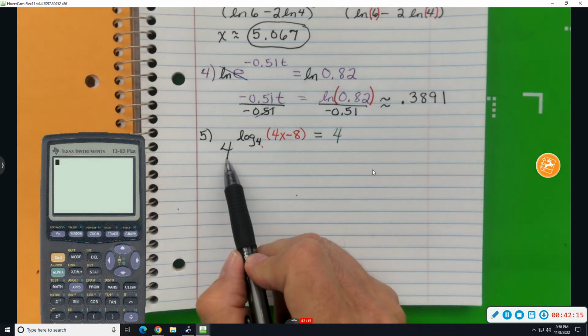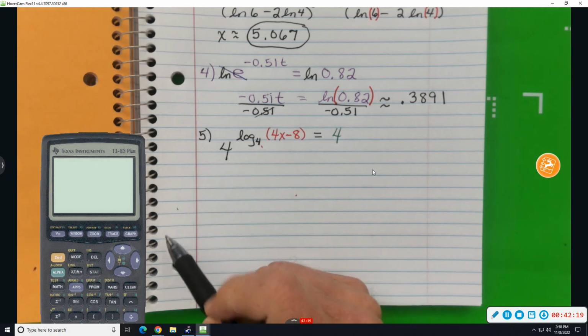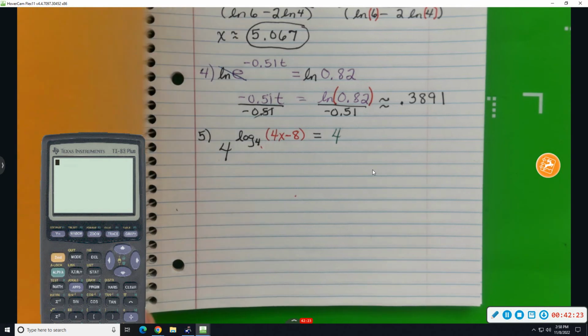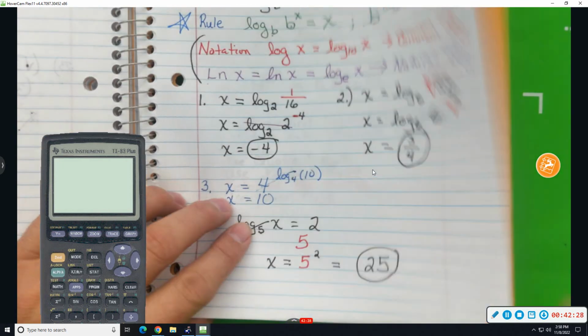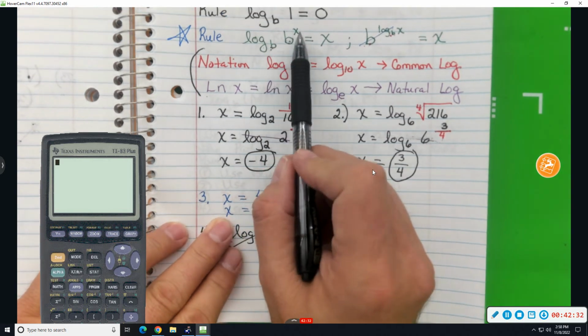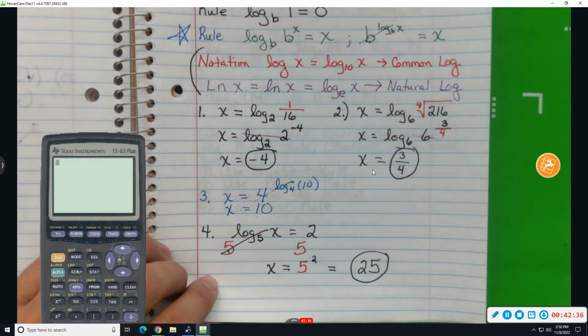If the big base and the small base are the same numbers, then those cancel out. That was something we stated right off on the right here. Log base b of b to the x. If you have the same number here and here, then it cancels each other out.